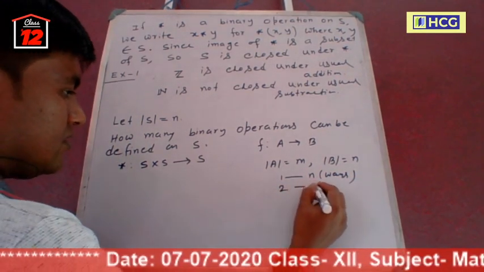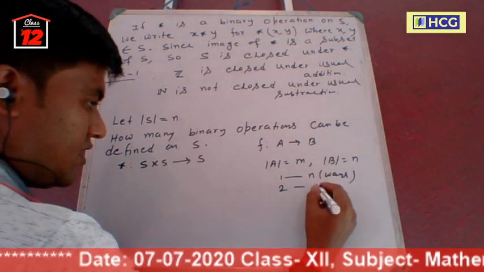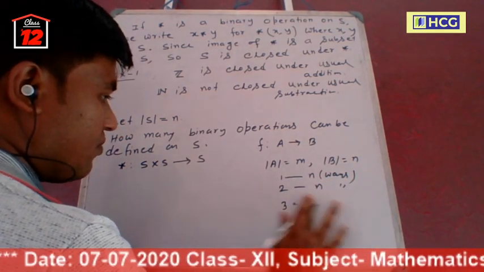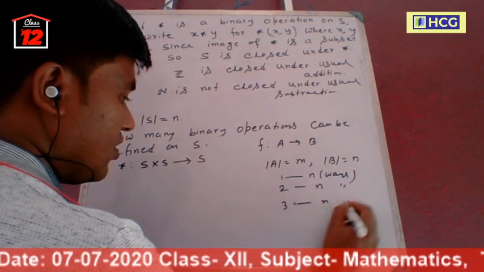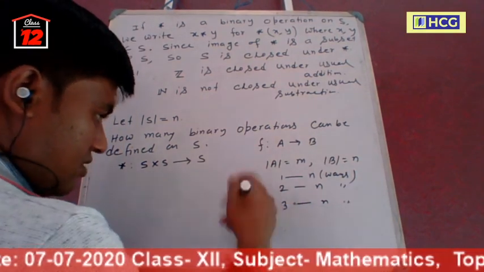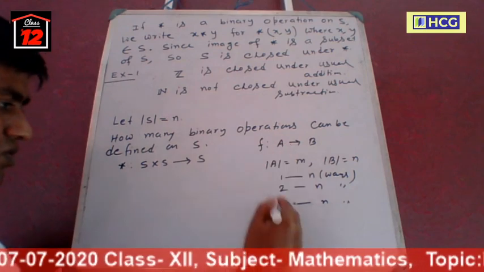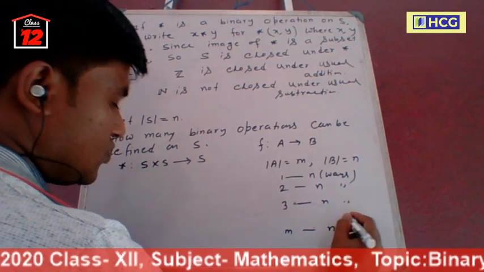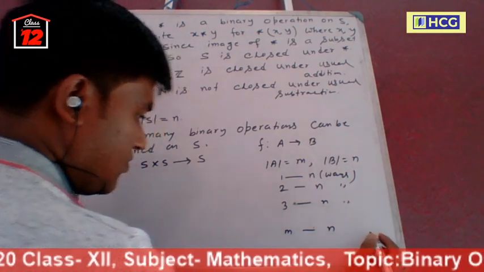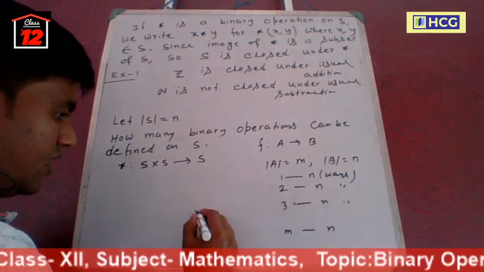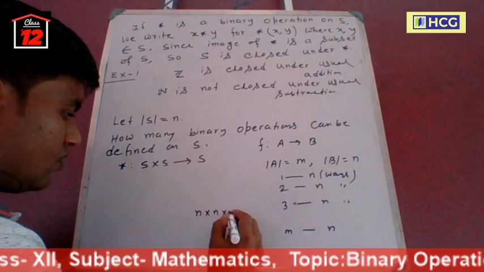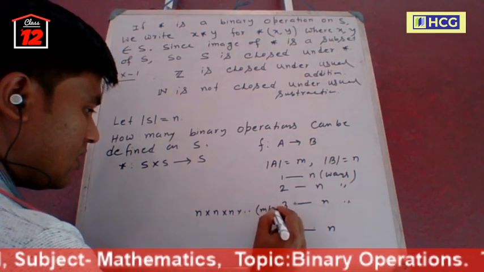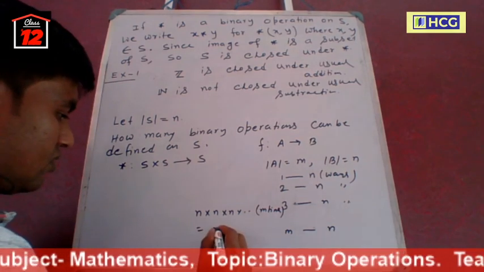The second element is chosen from B in n ways, and the third element is chosen from B in n ways. So the mth element, since A contains m elements, is chosen in n ways from the set B. So the total number of ways is n into n into n, m times, which is equal to n to the power m.